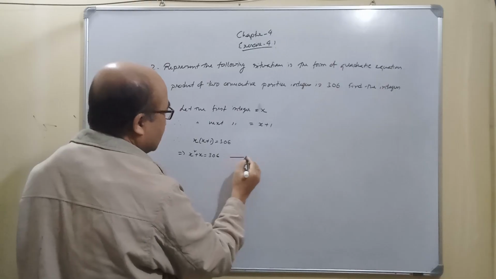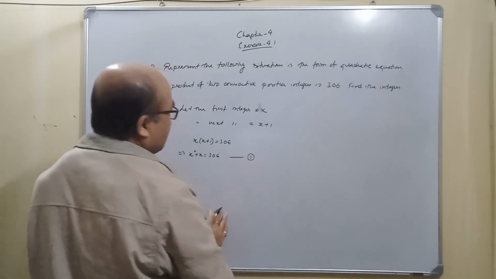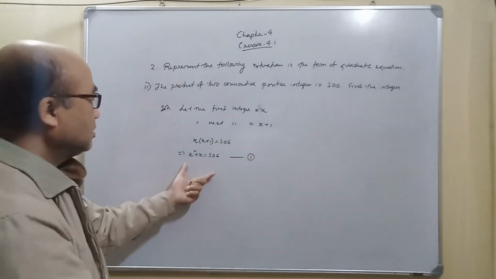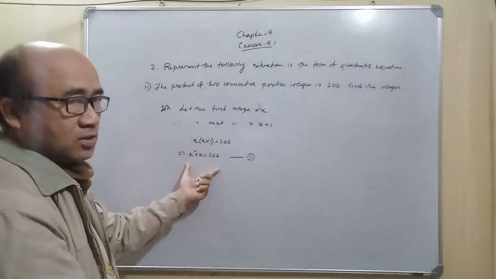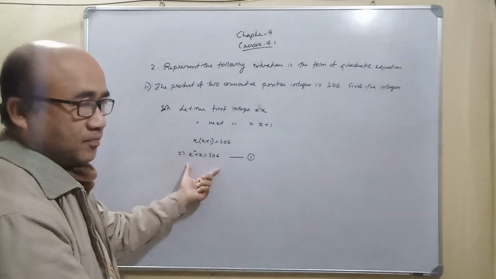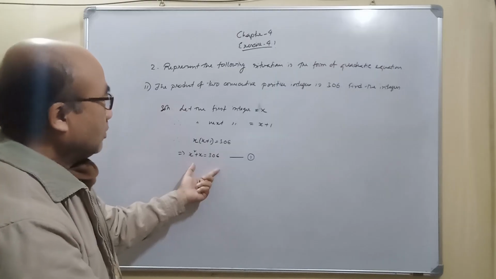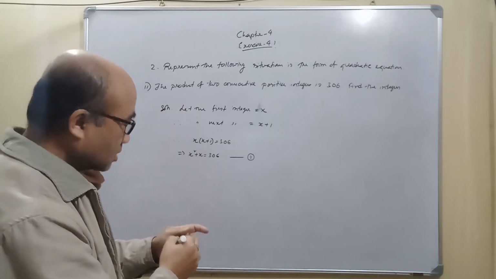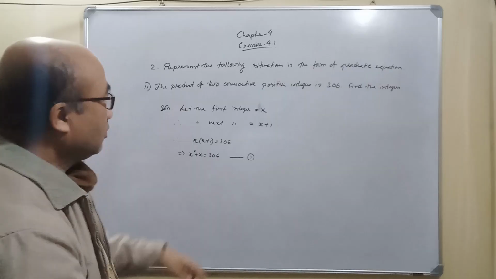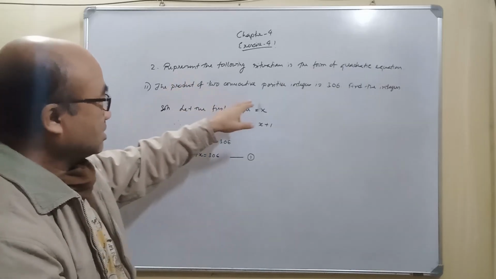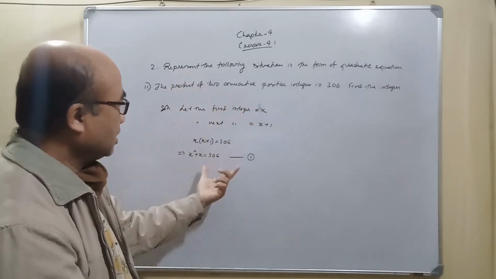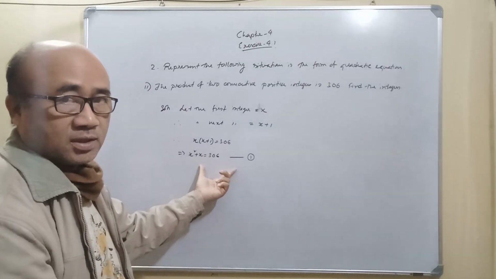So this is a quadratic equation which can be solved by completing the square or factorization, any method. We have already cracked the first part of the problem, where we converted it to a quadratic equation.